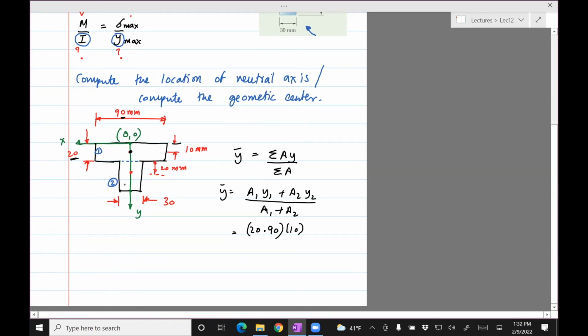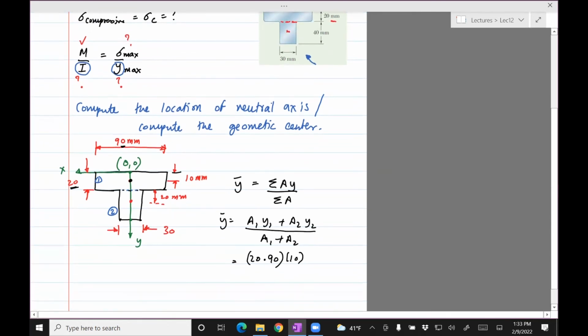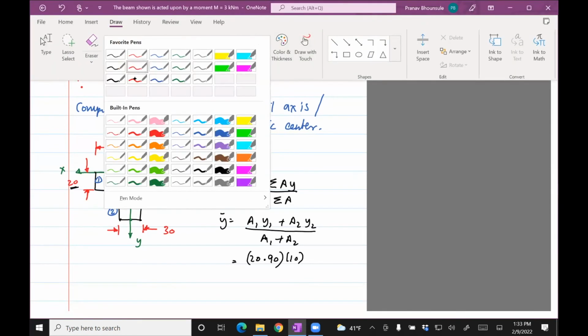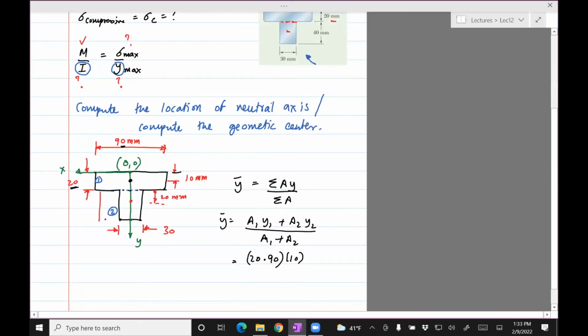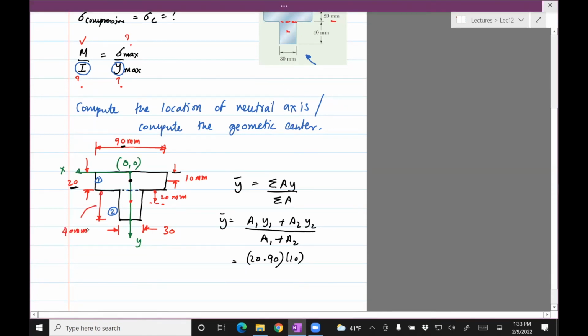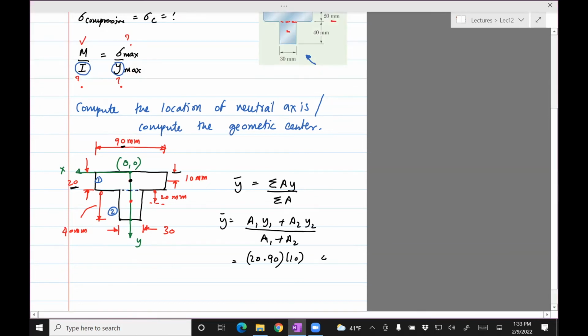Okay, next we need to find the area of the other rectangle. It has dimensions of, I think, 40 times 30. And then the distance, again, would be from the origin.